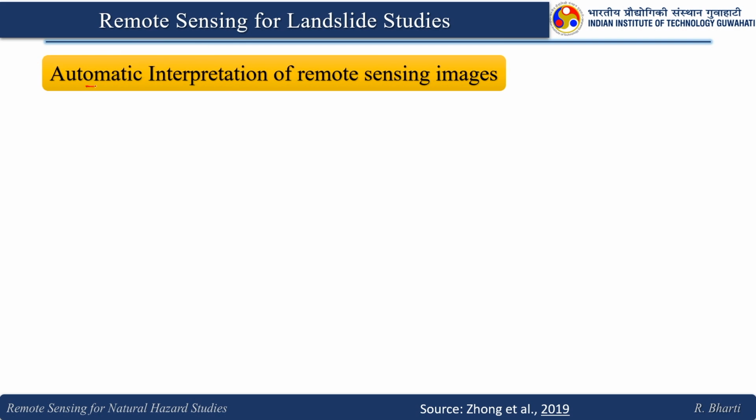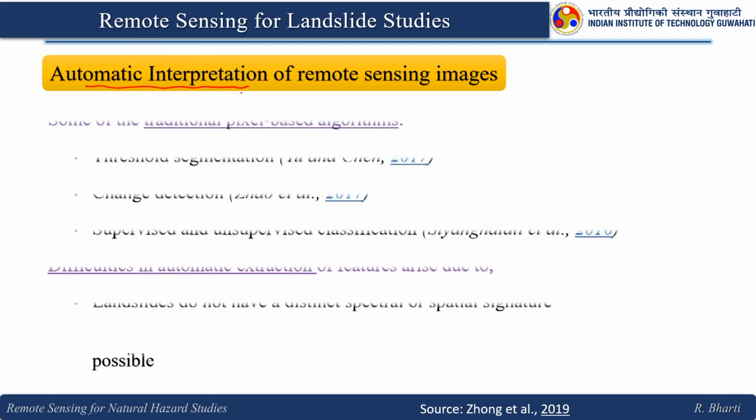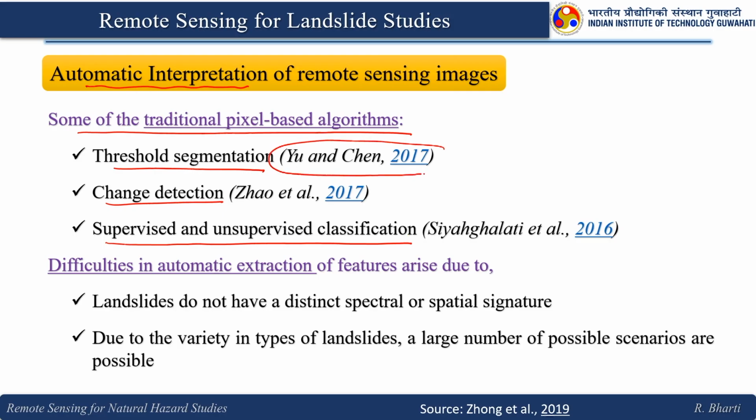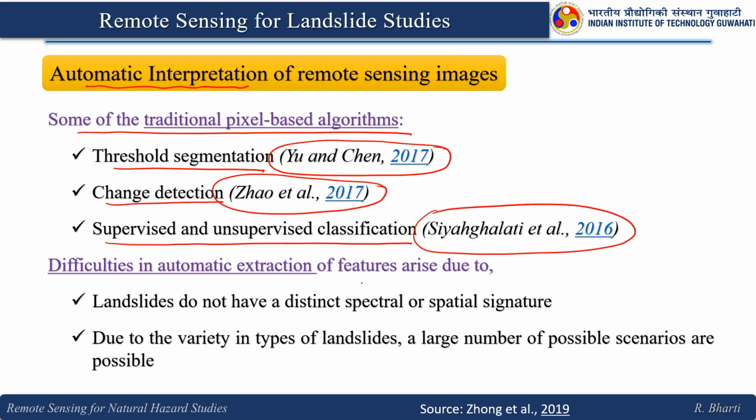When we go for the automated one, some of the traditional pixel based algorithms like threshold segmentation, change detection, supervised and unsupervised classification are widely used, and here I have also mentioned the references. If you are interested in any of these methods, you can refer to their paper for more details. They have nicely represented their methodology.